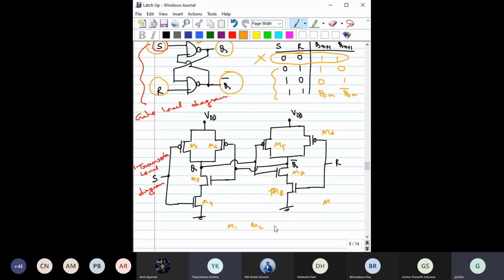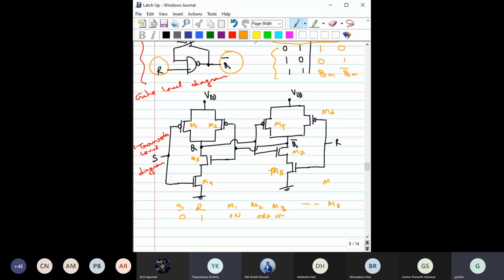Say M1, M2, M3, dot, dot, dot, M8, and say for SR equal to 0 1, can you write on, off, on, something like that? Can you make a table like that? If you can do it by tick and cross, obviously, why not in a table, right? So this is the tabulation part. Like this. Is it clear to you?